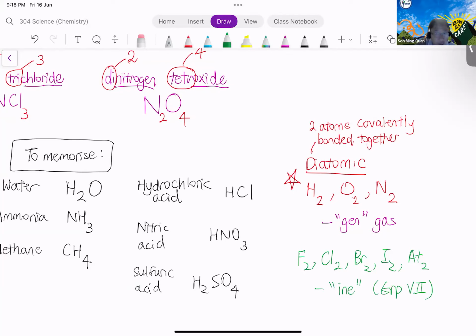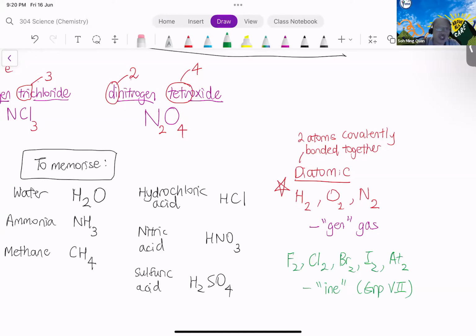So remember the gens and the ines, these are your diatomic elements. All right, so with this, we have finished writing the formula of both ionic compounds and covalent substances. Importantly, you will need to memorize some of the covalent substances. You must also memorize the 5 polyatomic ions listed just now.